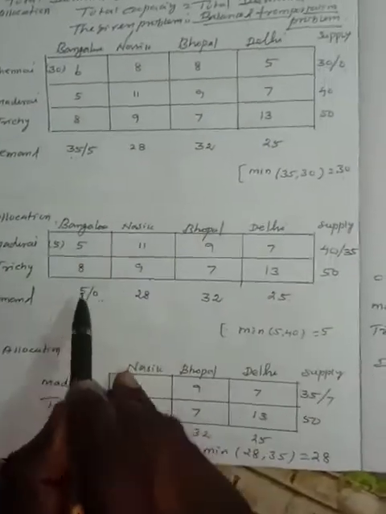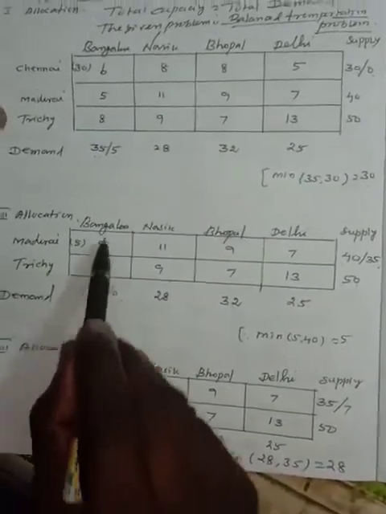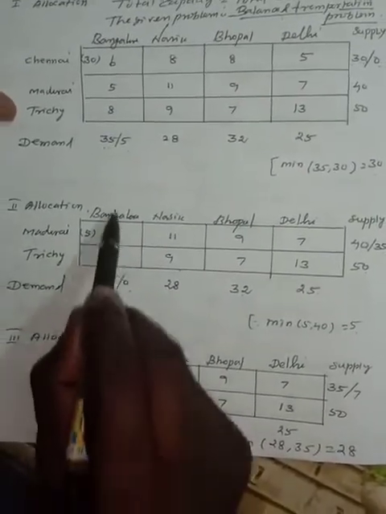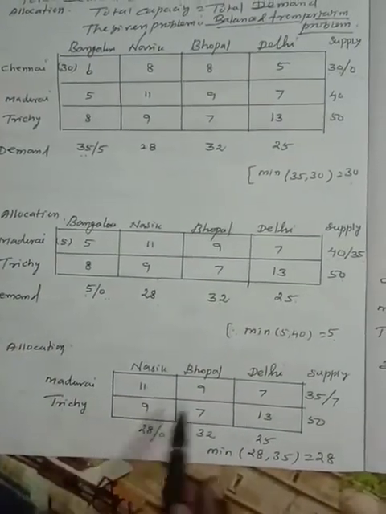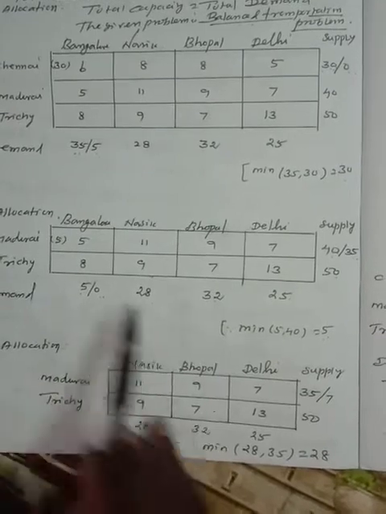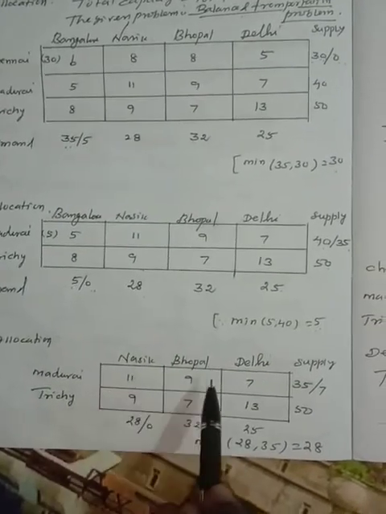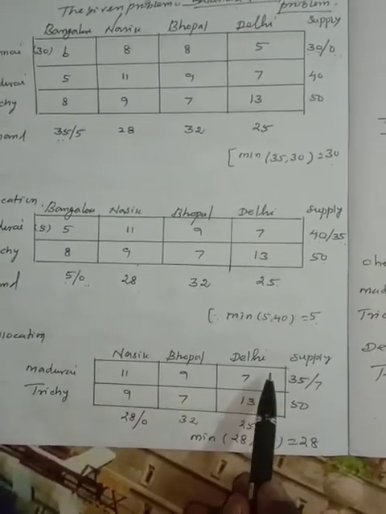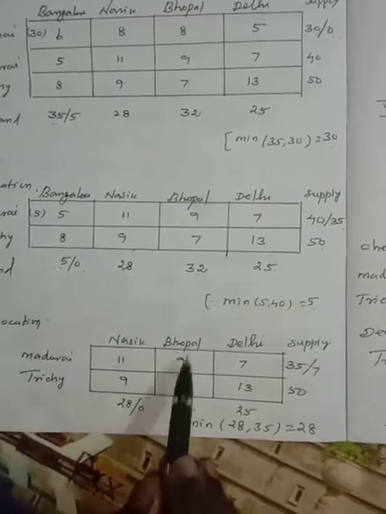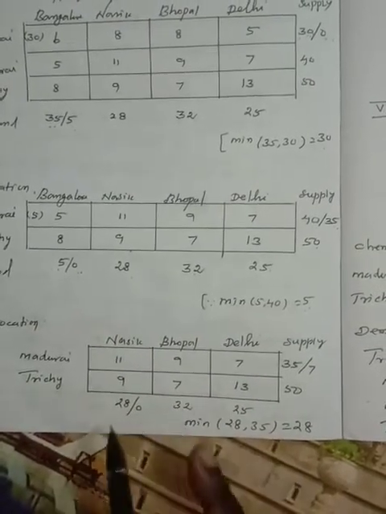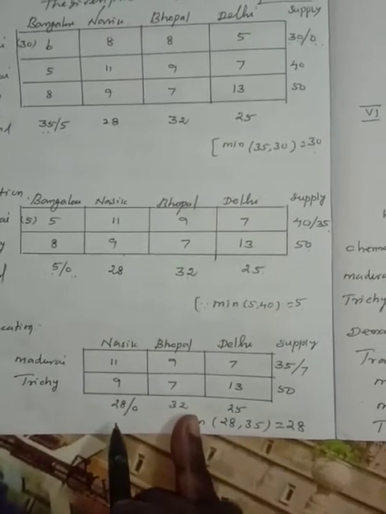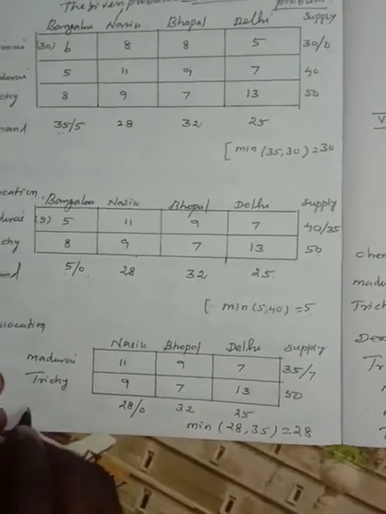Okay. Next, allocation number 3. Now 0 in the first column, the Bangalore column, so the Bangalore column is deleted. So Nasik, Bhopal, Delhi are the columns.